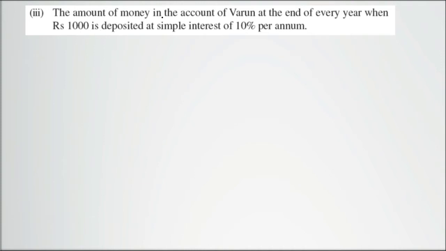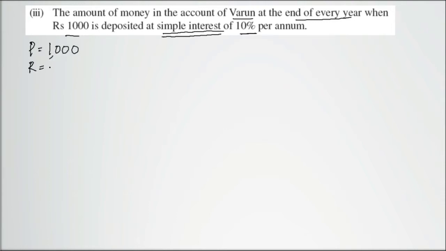The amount of money in the account of Varun at the end of every year when rupees 1000 is deposited at simple interest. Remember, it's simple interest for 10% per annum. In this, the principal amount is rupees 1000.